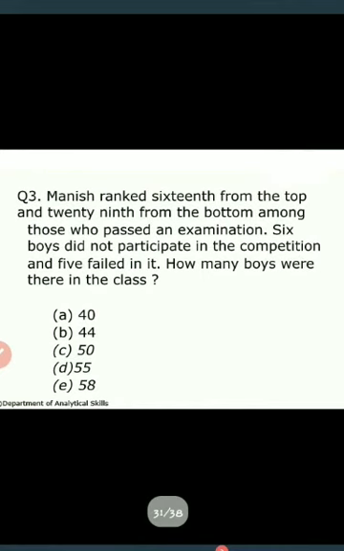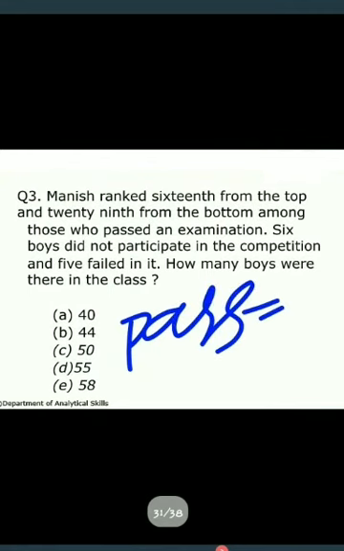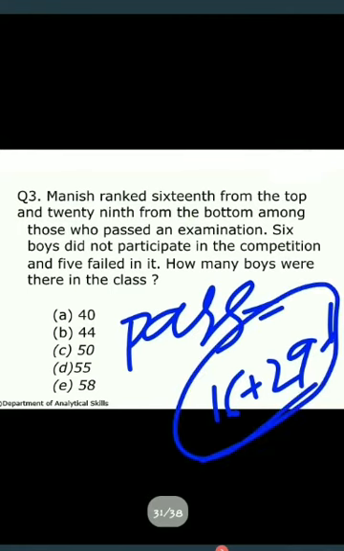Yes, Manish ranked 16th from the top and 29th from the bottom. So value of L is given, value of R is given. You can calculate how many total students are there who passed. Yes, 16 plus 29 minus 1. From here we will get the total number of students who passed. 6 boys did not participate.